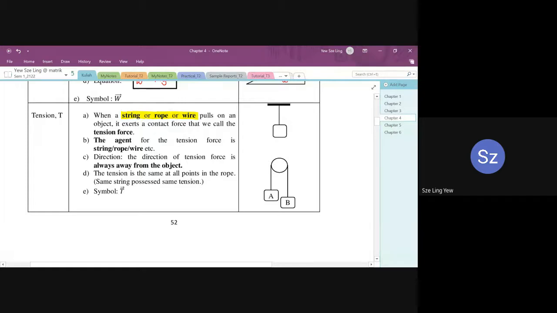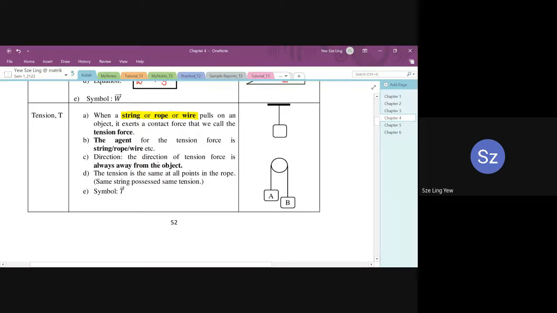So if you have these three things in the question that are pulling on the object, that are attached to the object, then we know there is a tension. We call it a tension force. So the agent for tension force is a string, rope, wires, and string-like objects.